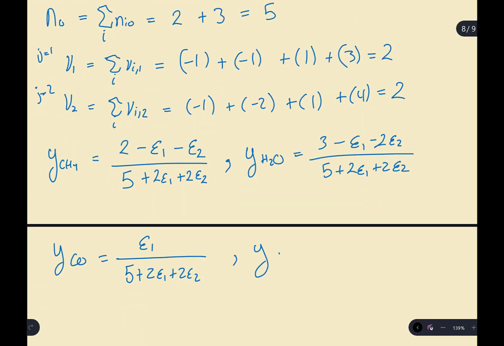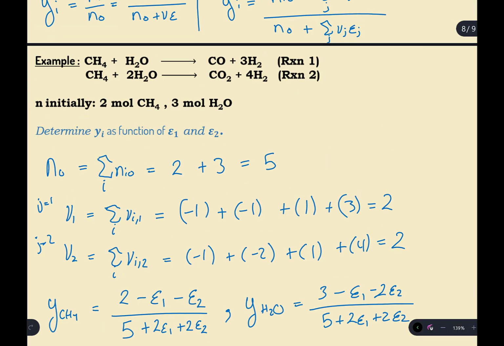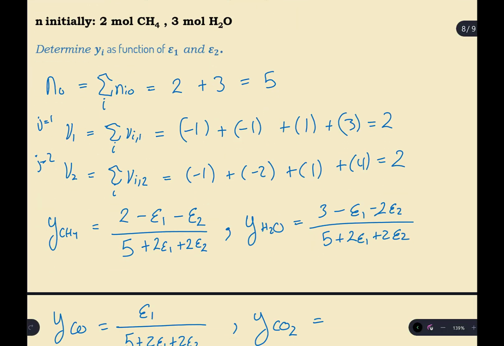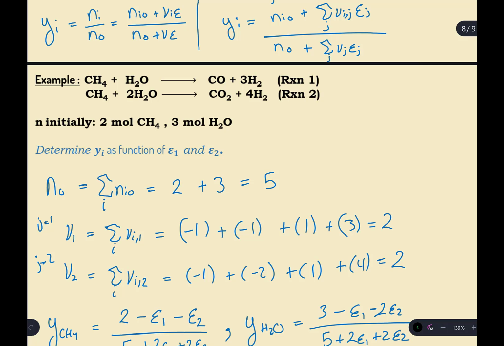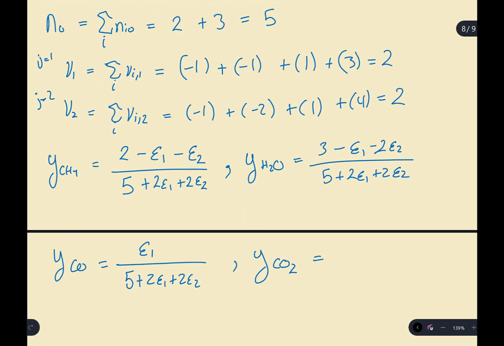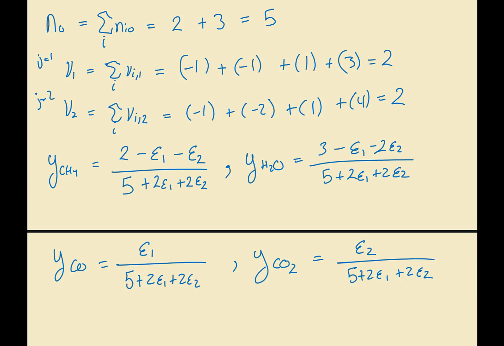Then we have YCO2. What would the numerator be here? Initially 0, minus epsilon 2 plus... you're producing CO2, right? It's a product, so it would be positive, and in this case simply epsilon 2, over 5 plus 2 epsilon 1 plus 2 epsilon 2.